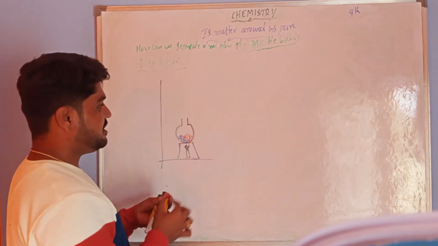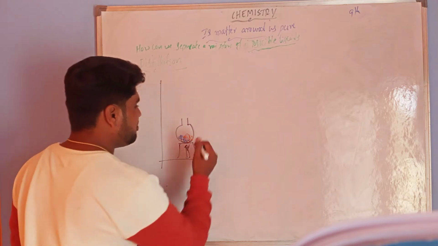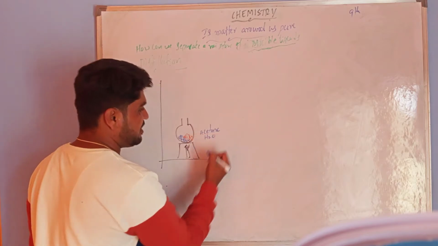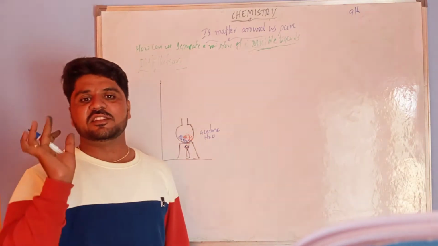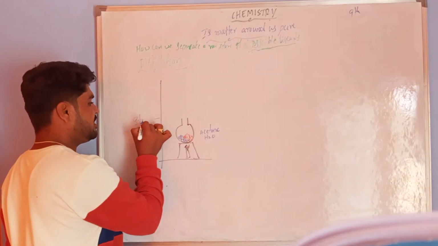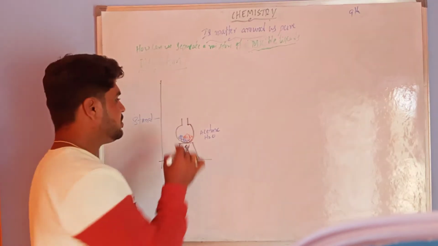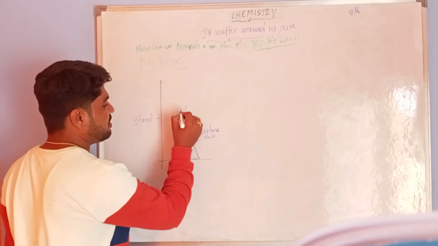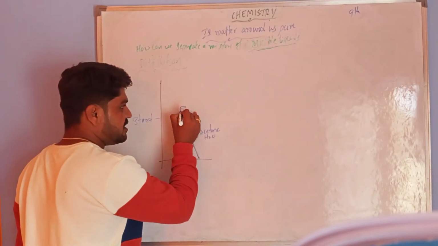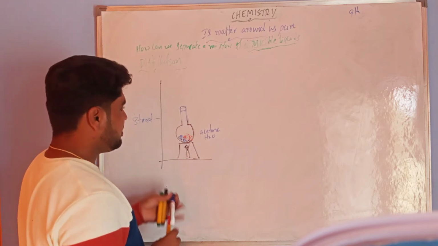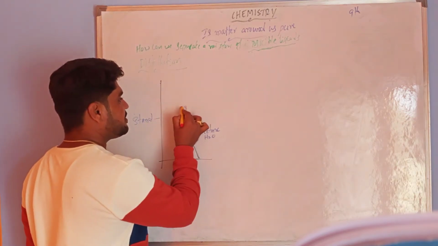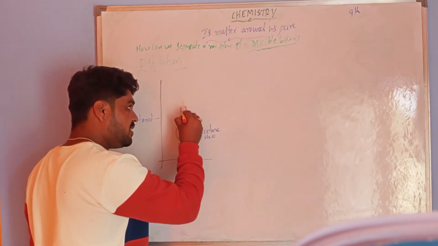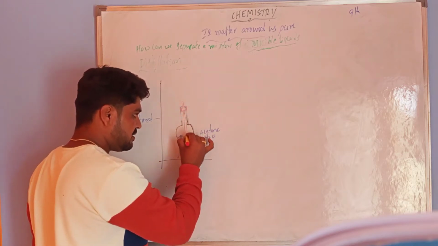In this distillation flask, what is there? The mixture of acetone and water. This is a mixture of water and acetone. This is a stand. On this stand, the round bottom flask has its neck fitted with a rubber cork. In this rubber cork, we are going to make a hole and fix the thermometer.